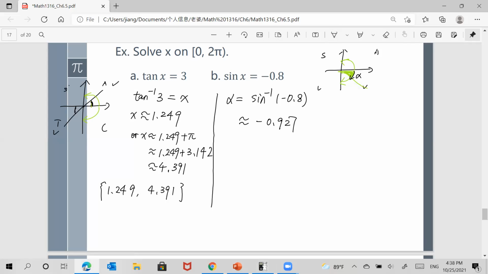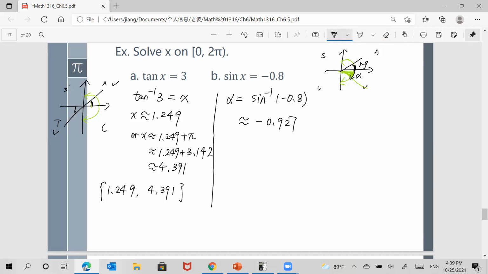So how about the positive alpha? The positive alpha is here. Oh, I should use the absolute value of alpha, or I use the reference angle. The reference angle for alpha in the first quadrant is the same as the absolute value of alpha. Why am I looking for the reference angle?